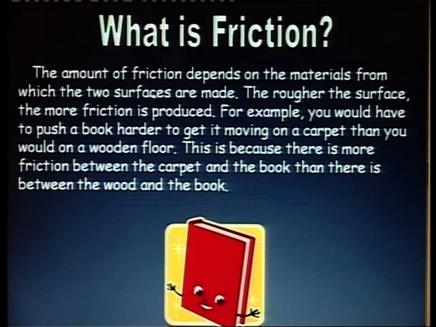So friction depends upon the two surfaces. Between the carpet and book there is more friction because the carpet is rough as compared to wood, because wood is smoother than the carpet.